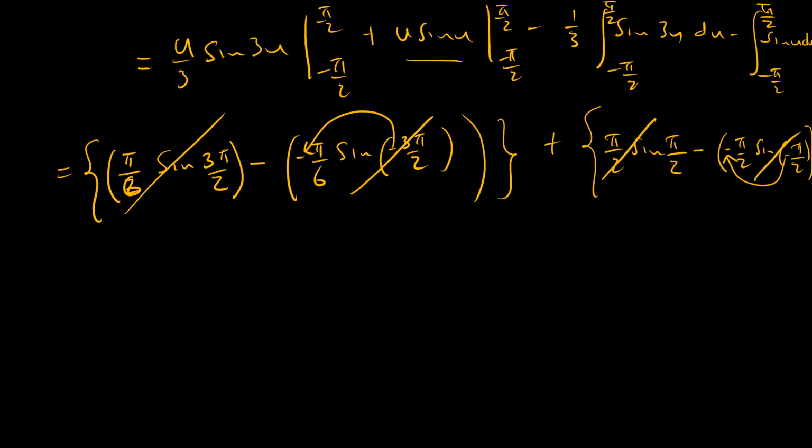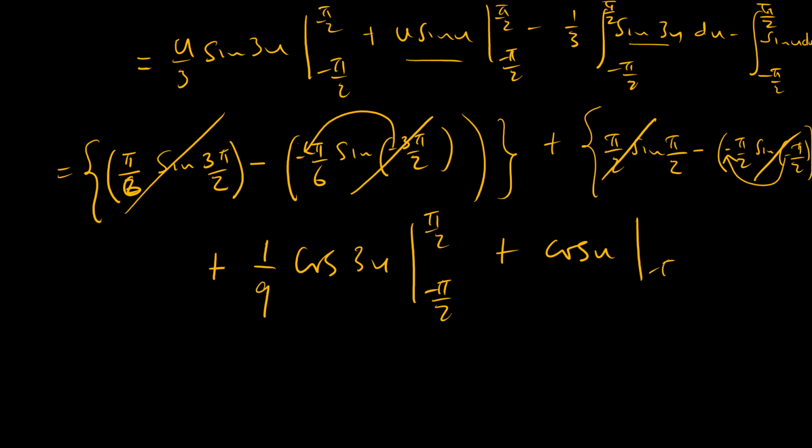And so we are left with now plus, when you integrate sine 3u, it becomes negative cosine 3u over 3, so this becomes 1 over 9 cosine 3u from negative pi over 2 to pi over 2, plus cosine u from negative pi over 2 to pi over 2.